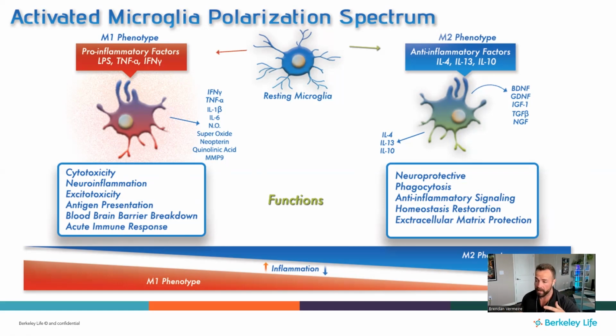Now, depending on the cytokine, chemokine, ROS milieu or microenvironment, when these microglial cells receive input signals from the environment that there's a foreign invader or some sort of inflammatory stimuli, lipopolysaccharide, interleukin-6, TNF-alpha, interferon gamma, so on and so forth, any sort of inflammatory signal, this is going to activate the microglial cells and cause them to shift their morphology and polarize into more of an M1 dominant phenotype.